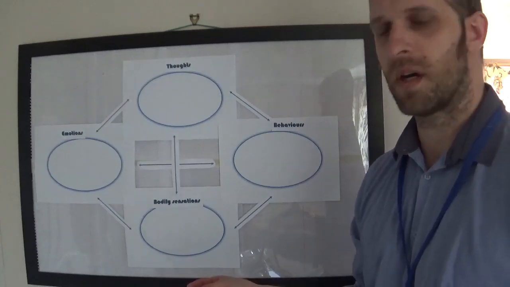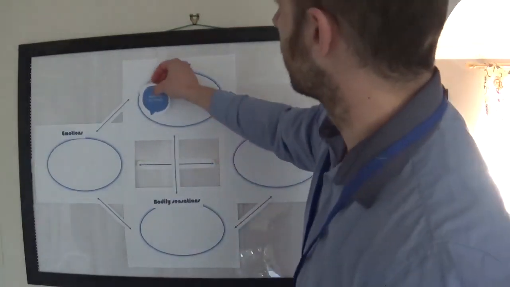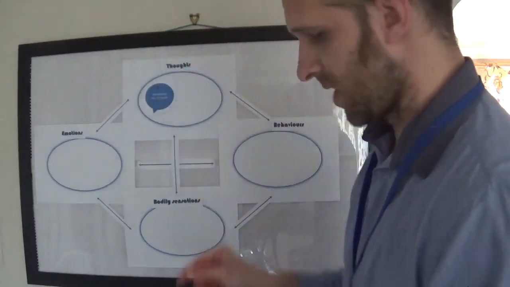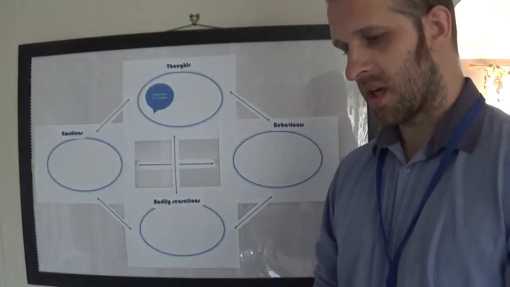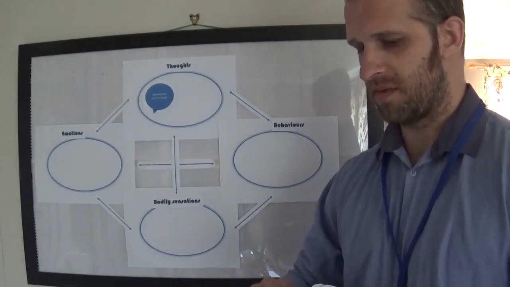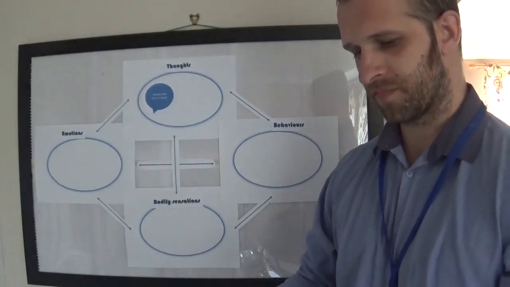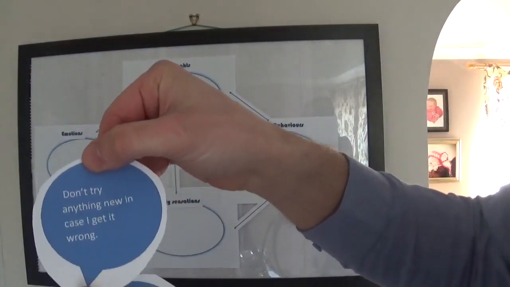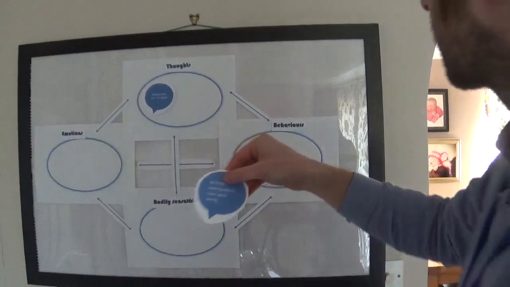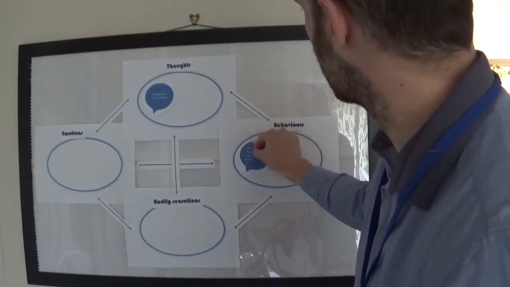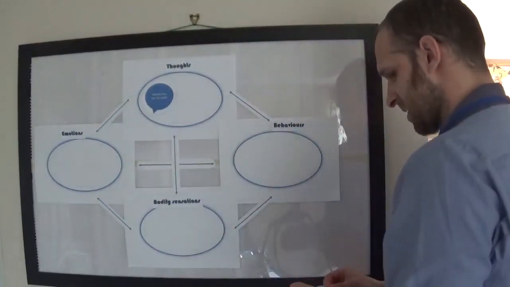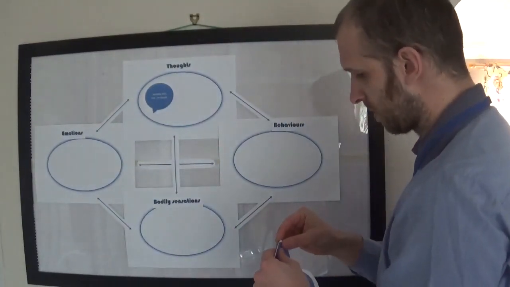Nobody likes me, I'm stupid. So we might put that in the thoughts category. Okay, so what might a behaviour be off the back of that? Well, I've got here, don't try anything new in case I get it wrong. Okay, I'm not doing very well here at getting this right because my blue tack's sticking to me and not the paper.